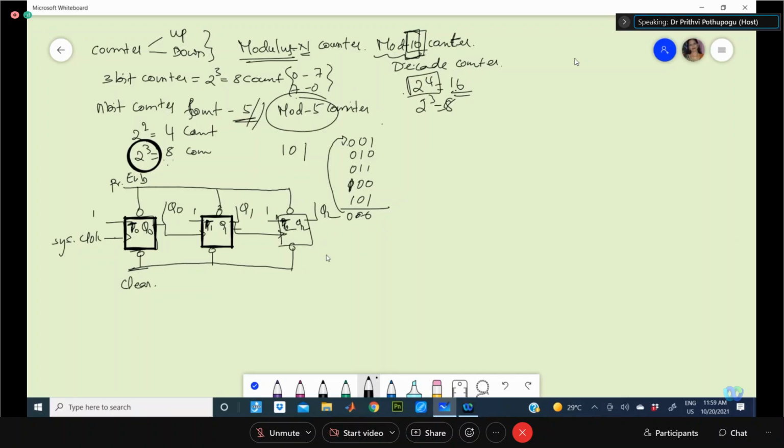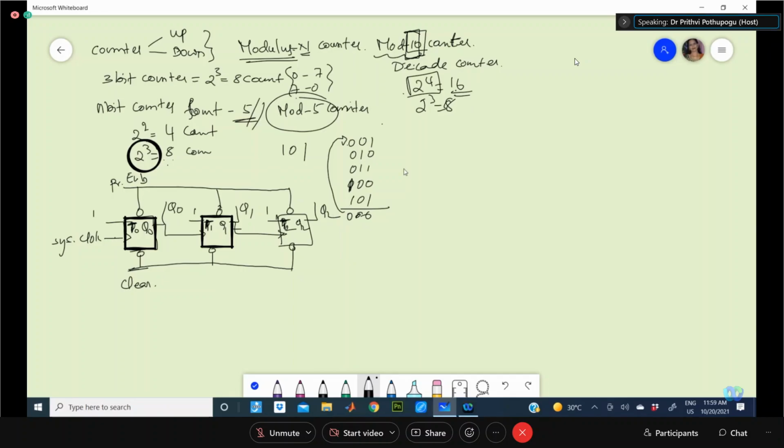This is modulus counting. To implement this, we take this clear terminal, and this is an active low signal. What should be the value on this line to make the binaries clear? It should be 0, active low. So wherever the count you want to reset, that specific output where its count is 1 will be taken.